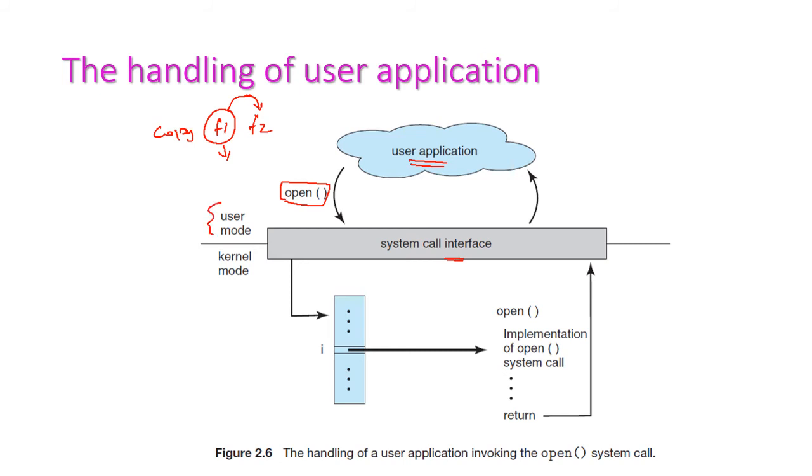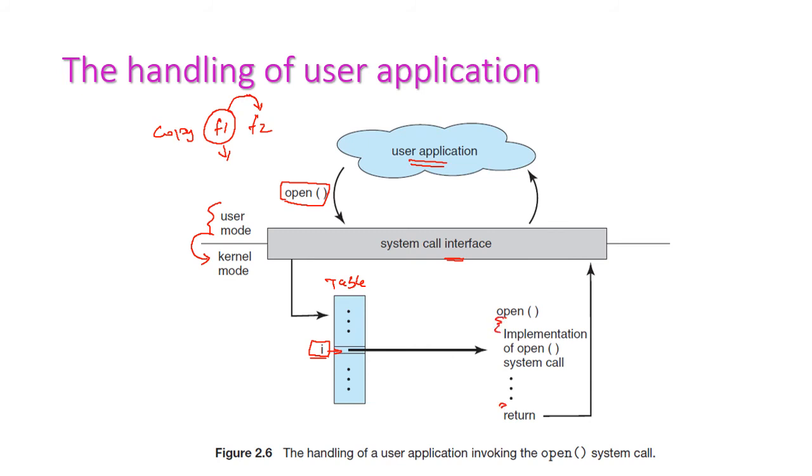After that the context switch will switch from user mode to kernel mode, and inside the kernel mode we have the system call table. This is the system call table. Here all the system calls will be stored along with a unique number. Under this unique number the system call open will be stored.